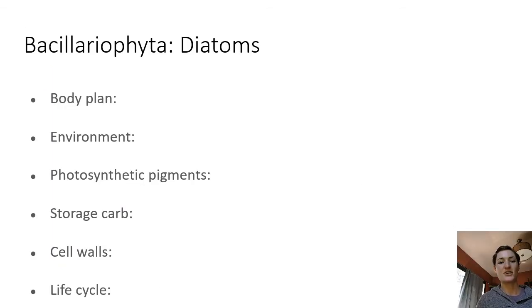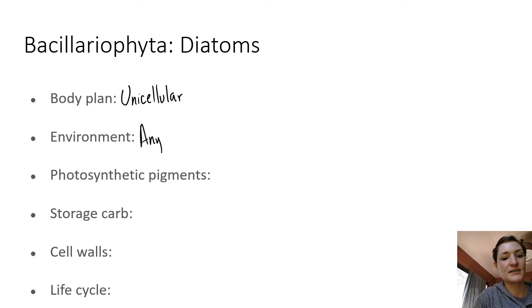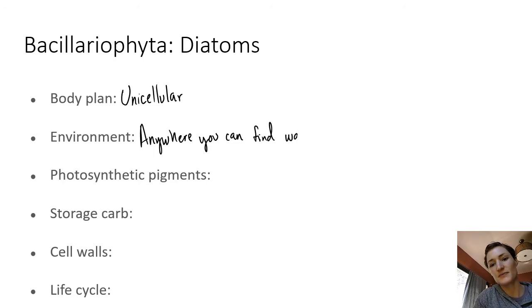So diatoms are our other group of photosynthetic heteroconts. Their body plan is unicellular. Environment is anywhere you can find water: on tree bark, grass, in the ocean, in ponds, anywhere.